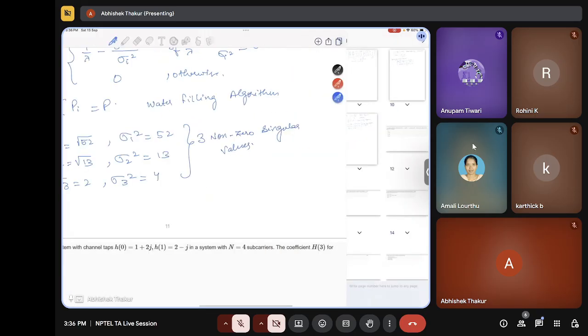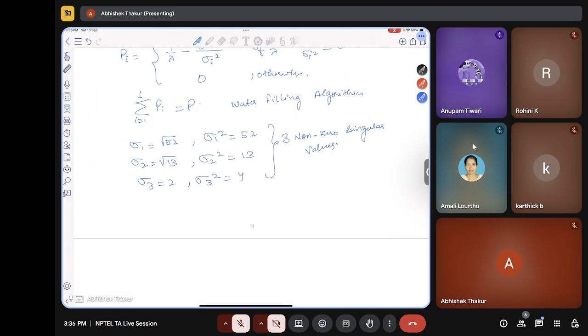So now the capacity C is given as log base 2 of 1 plus P1 sigma 1 squared divided by the noise power, plus log base 2 of 1 plus P2 sigma 2 squared divided by the noise power, plus log base 2 of 1 plus SNR, actually we are using the Shannon rate. So SNR is given as P3 sigma 3 squared divided by sigma n squared.